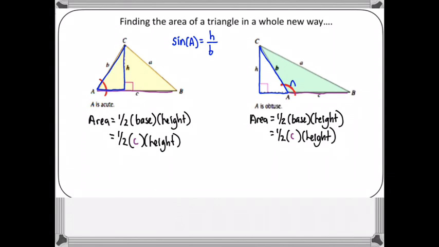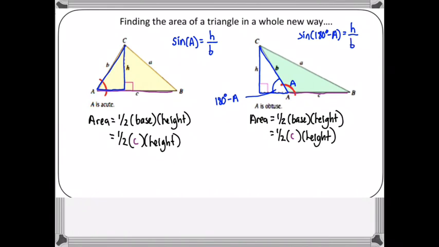Since this is angle A and this is a straight line, this angle right here is going to be 180 degrees minus angle A. So it would be fair to say the sine of 180 degrees minus angle A is going to be the opposite, H over B.